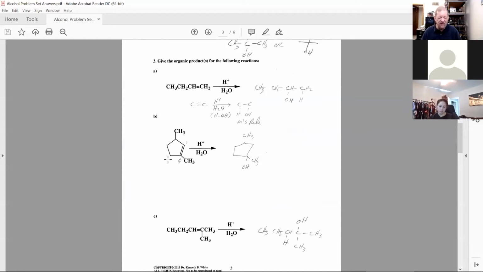And if we look at B, oh, it's a ring. Did I tell you, and I think I did, Mother Nature and Dr. White love rings. Students don't. Why? Well, how many hydrogens on the carbon? Well, you have to know there's 4 bonds to carbon. If we look at the bottom carbon of the ring with the methyl group on it, count the bonds, meaning the lines, 4. 4 minus 4 is 0.